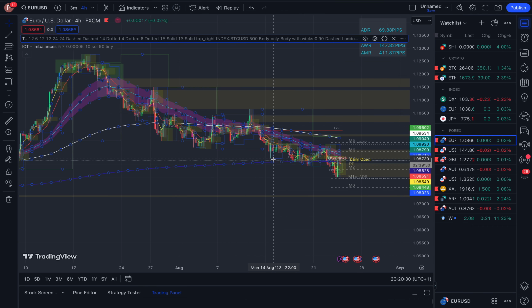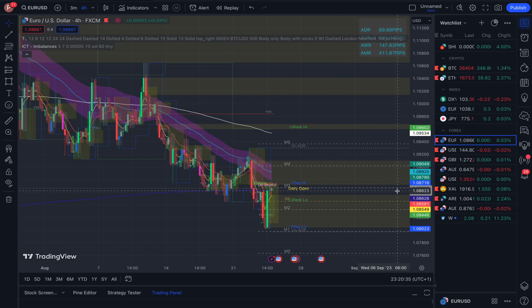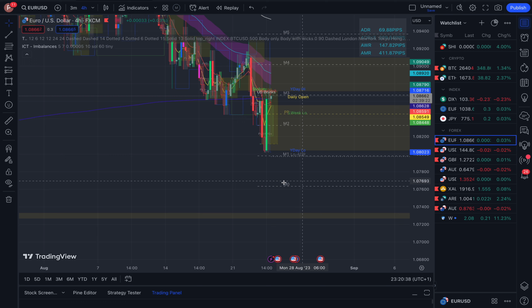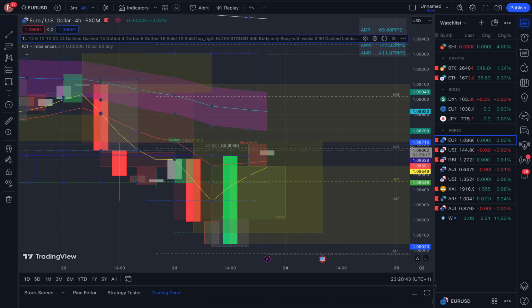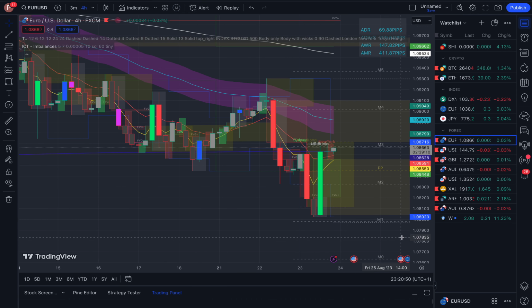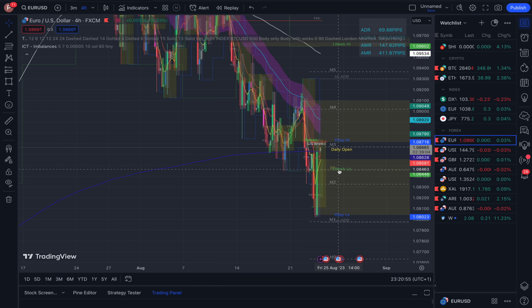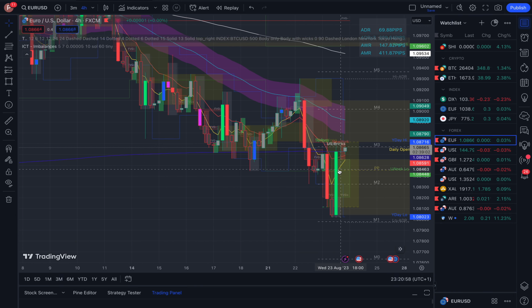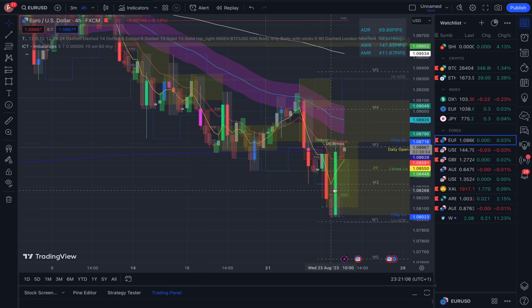If you even look on the 4 hour at the moment, what I'd be looking to see is a solid hold above this 4 hour moving average. I don't have my mouse with me today, I left it. But what I'd be looking for is a solid hold above this 4 hour moving average. You could argue that perhaps this was a liquidity grab or something, where we held above it originally, rejected the 50, broke below, and we're now coming back above, where stops would have been taken out below here.